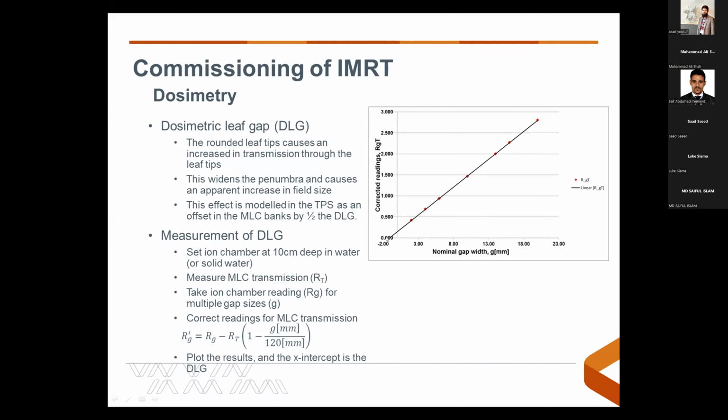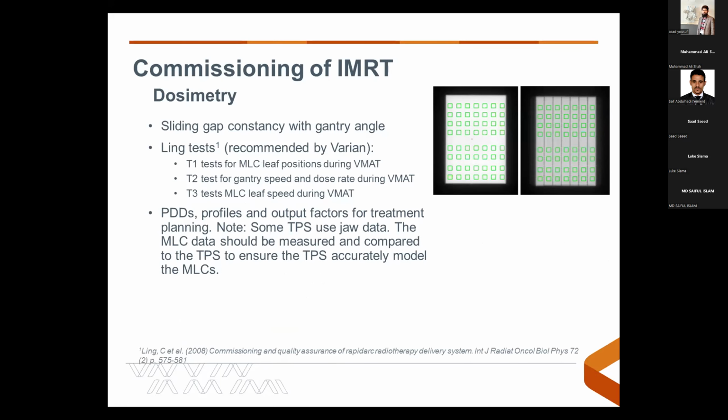If we extrapolate back here, you can consider that this x-intercept is the amount of overgap, the amount of overlap you require in your MLCs to reduce the interbank transmission to essentially zero. So this is your gap width, your DLG, and this is what you input into your treatment planning system.